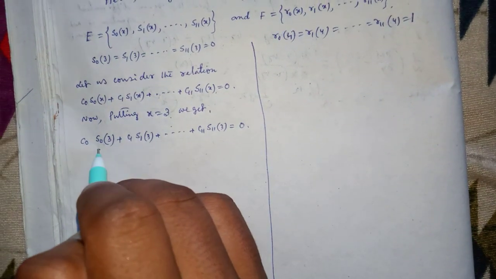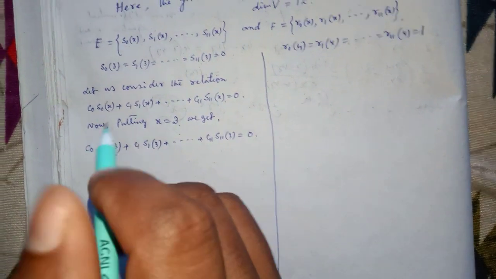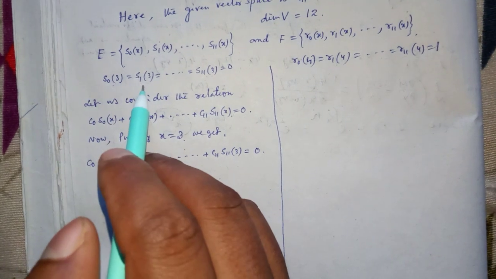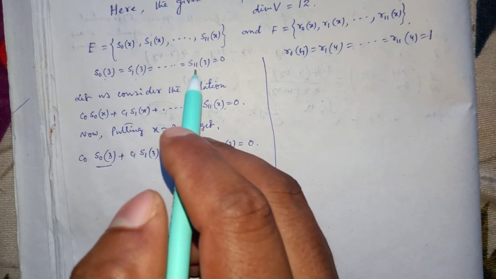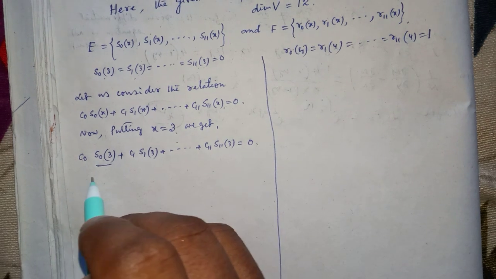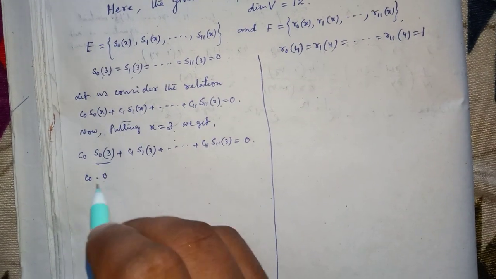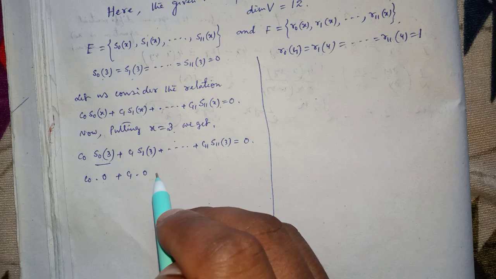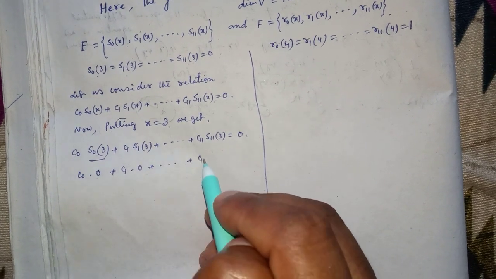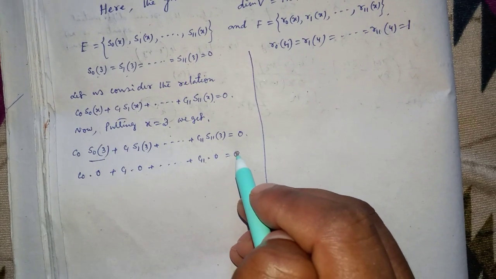Since s0(3) = s1(3) = ... = s11(3) = 0, we get c0·0 + c1·0 + ... + c11·0 = 0.